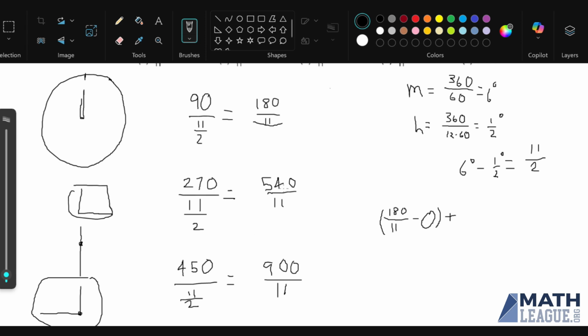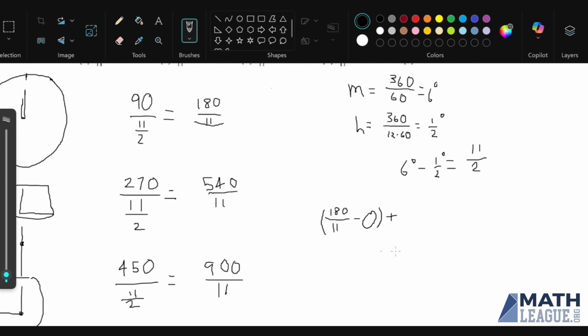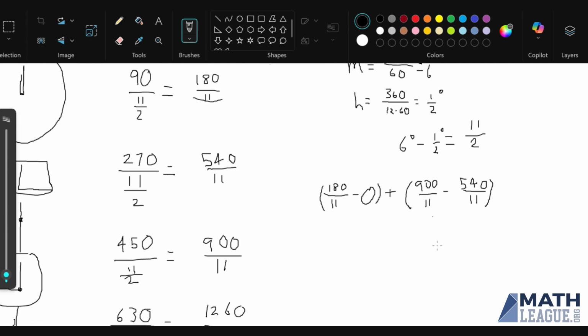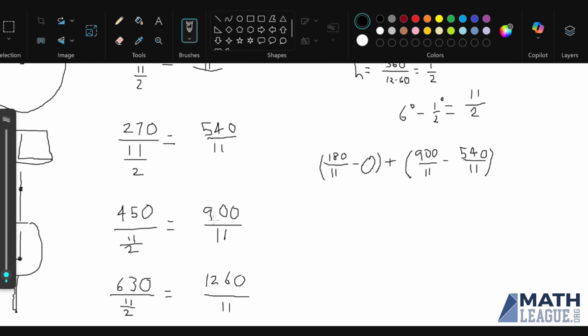But from the 540 over 11 time to the 900 over 11 time, we're once again switched on, which means that for another 900 over 11 minus 540 over 11 minutes, our case is satisfied. And then finally, from minute 900 over 11 to minute 1260 over 11, we're in our off case.